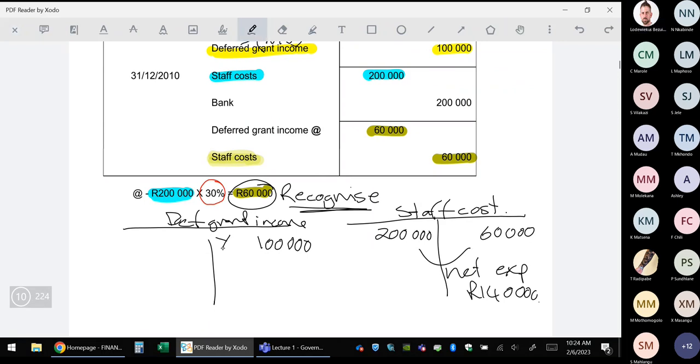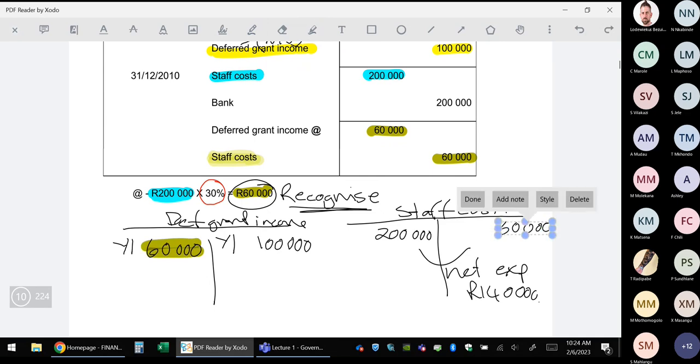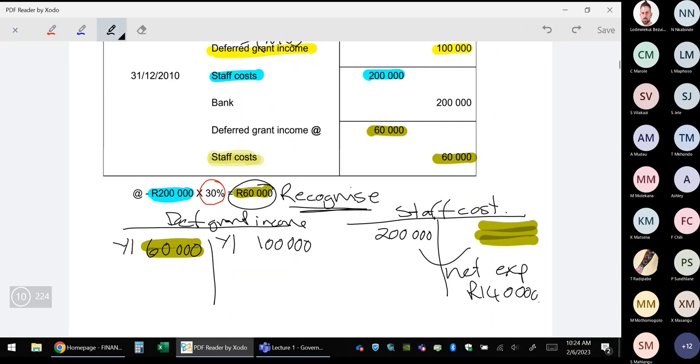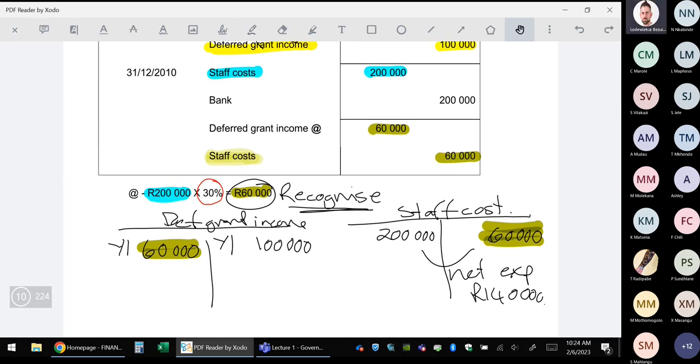And in year one, we recognized 60,000. Right, so that means our balance left on the deferred grant income is 40,000.